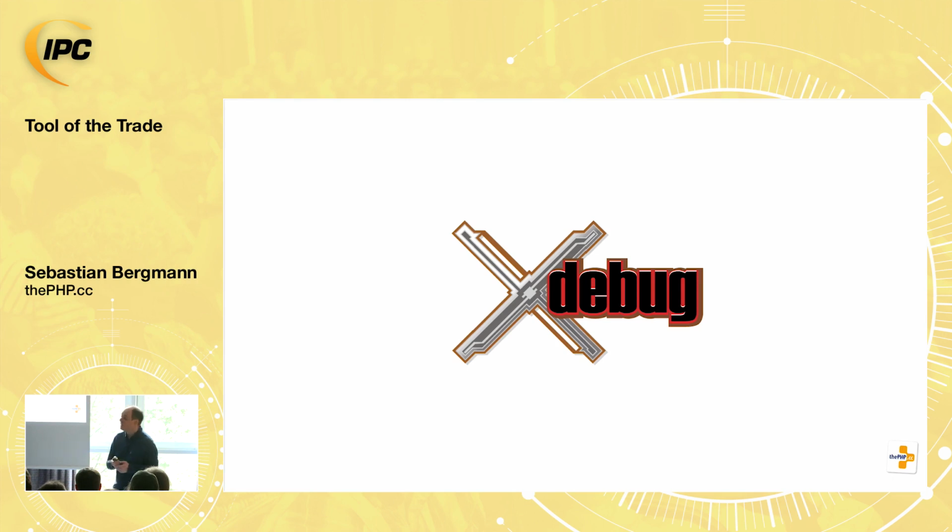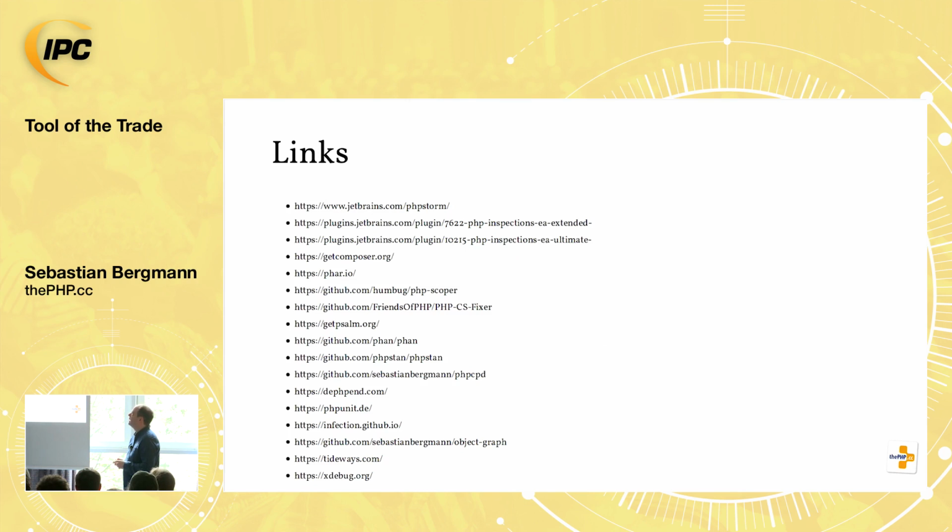Probably too much. I've been telling that to Derick for quite a long time, and I think he's seeing that and has some ideas for Xdebug 3 to break it down into smaller things, maybe. Yeah. But that's that. Once I've published the slides, at the end you'll get a list of links to all these tools that I mentioned.